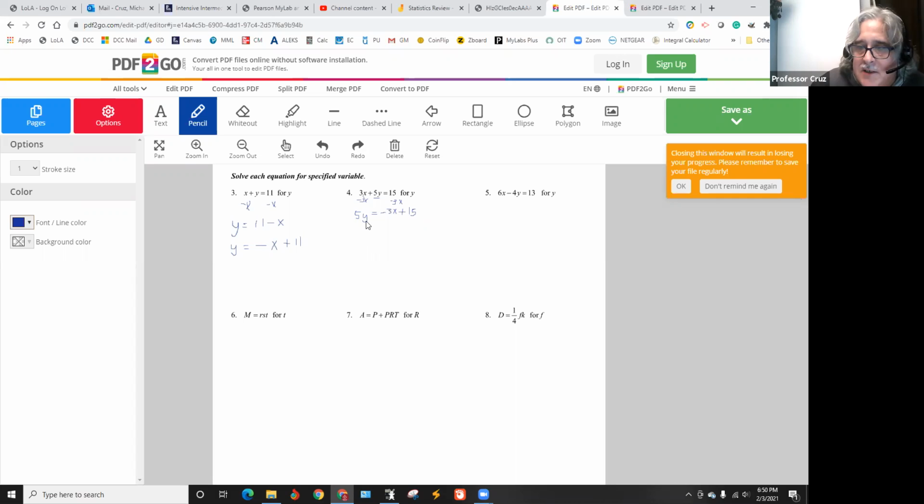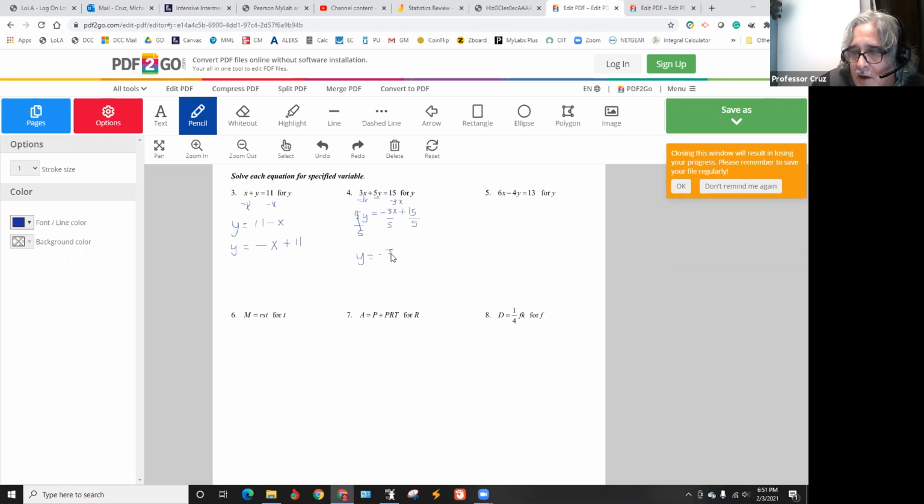Now, since this one wasn't a plain y like number 3 was, we've got to divide by 5. And remember, we got to divide every term by 5. I'm going to do them separately. It kind of makes it a little bit easier to understand, I think. There's nothing in 3 that we can divide 5 into, so we're going to leave it like that.